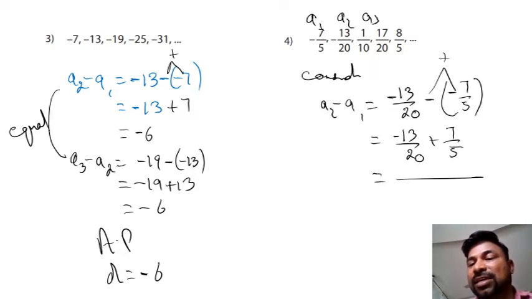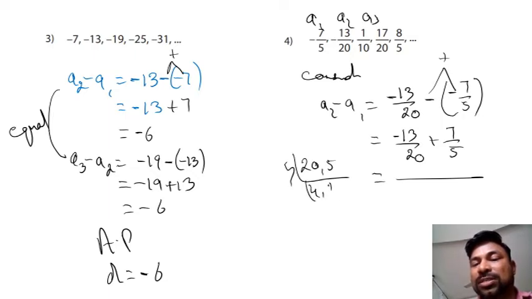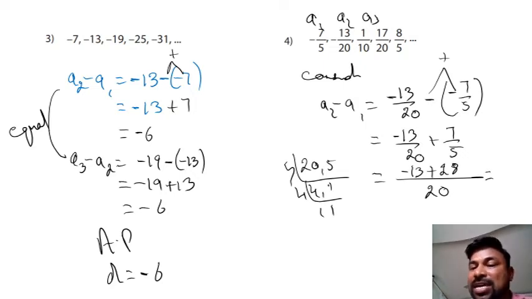Let us take the LCM, which is 20. Now minus 13 plus 5 goes in 4 times, 4 sevens are 28. What we are getting here is nothing but 15 divided by 20. If you simplify, it is 3 by 4, that's the common difference we got.